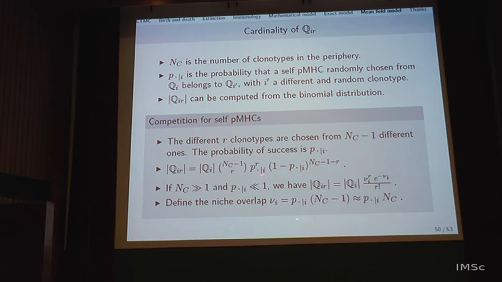So with success, I have R competitors, and 1 minus P for all the others that are not. And in the limit, where this diversity, as I've said, is of the order of 10 to the 7, these probabilities of recognition are really, really low because there is a lot of cross-reactivity. So you can approximate the binomial distribution by a Poisson distribution. And we introduce this concept of nu.